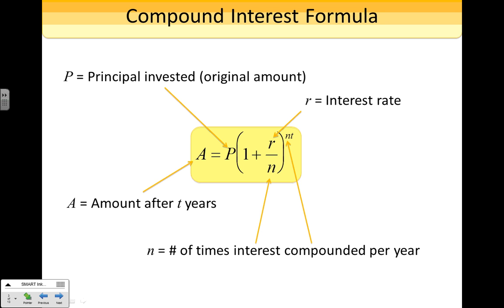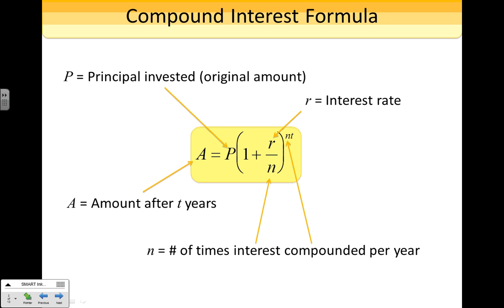So maybe you put in $100 into your bank account and they calculate the interest at the end of the year to get $105. Then at the end of the second year, they use that $105 to calculate new interest and add that to your account. Then at the end of the third year, so that would be compounded once a year. Sometimes they compound it more than that.